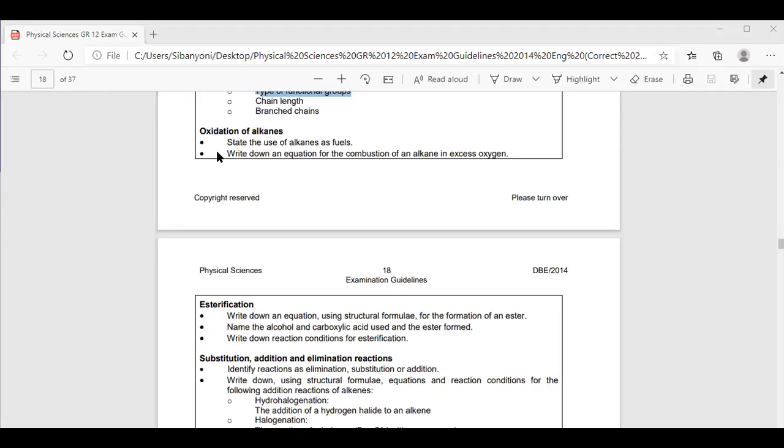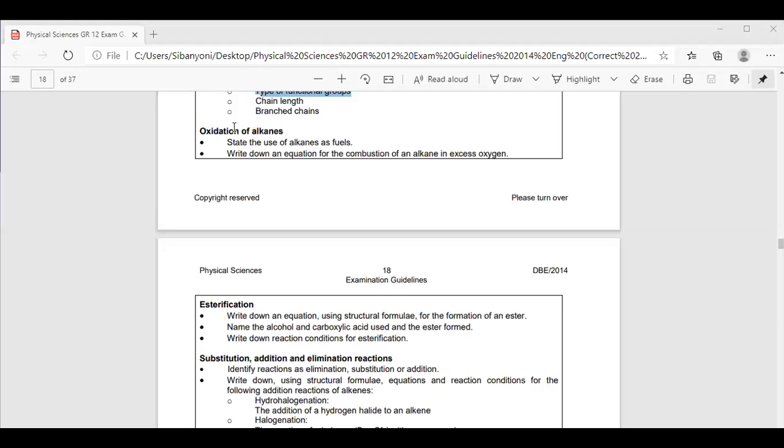And firstly, the type of reaction that we will look at for alkanes is oxidation of alkanes. In other words, the other term that we use is combustion of alkanes. That is when an alkane is burning in the presence of oxygen gas.